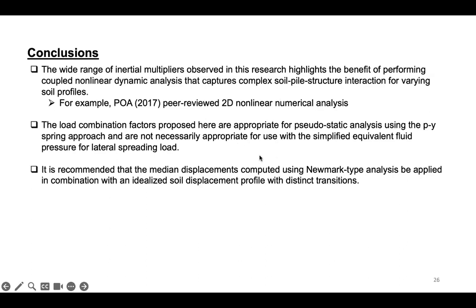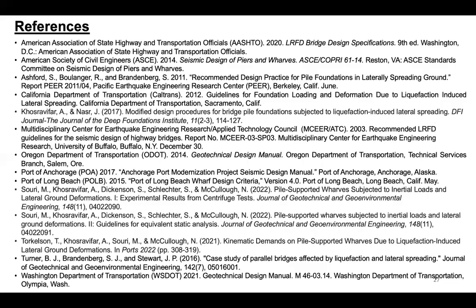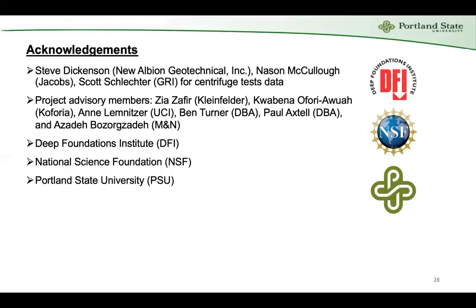These methods are more appropriate for pseudostatic analysis and not appropriate when you have a simplified equivalent fluid pressure. And we also recommend using Newmark-type analysis with an idealized soil profile to estimate the bending moments. And with that, thank you, and I'll turn it back to John for the next presentation.